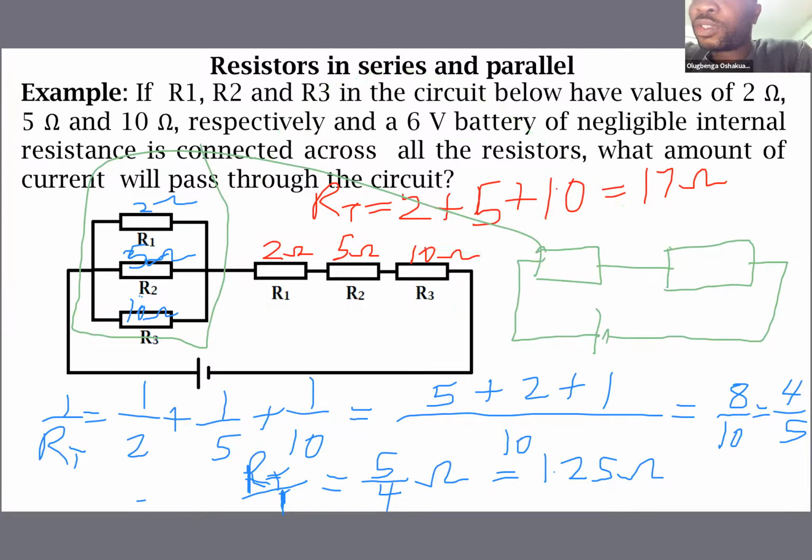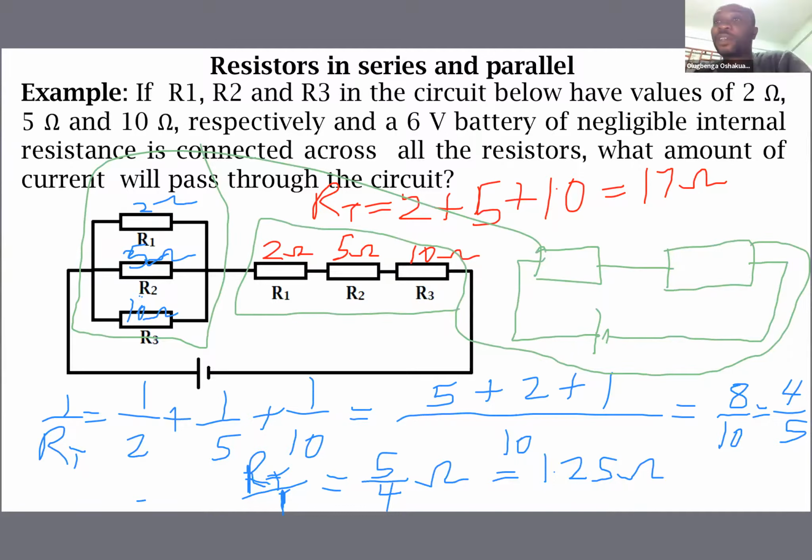Let me take this through another route so that there will be no overlap of lines. Good. So that means that we can now say the value of this resistor is 1.25 ohms, while this is 17 ohms.